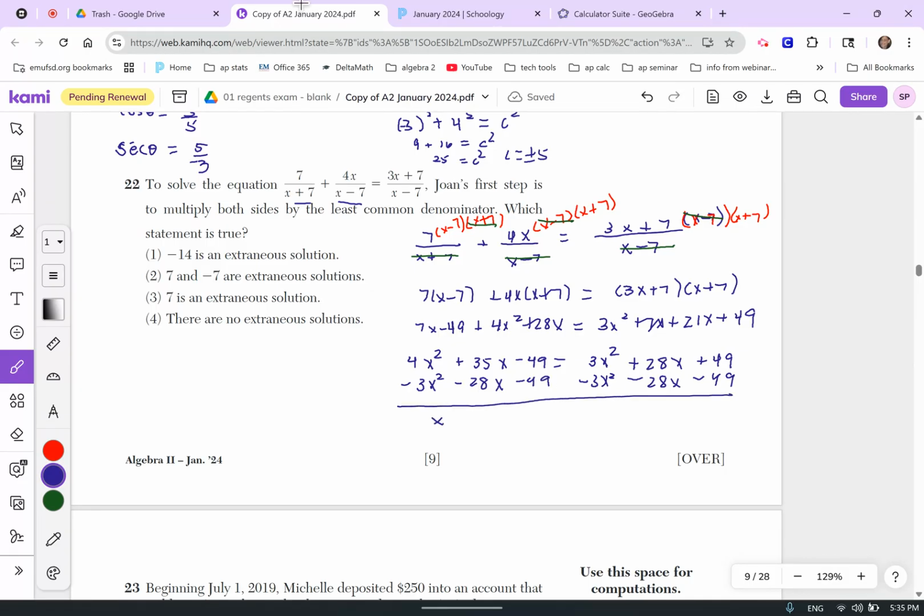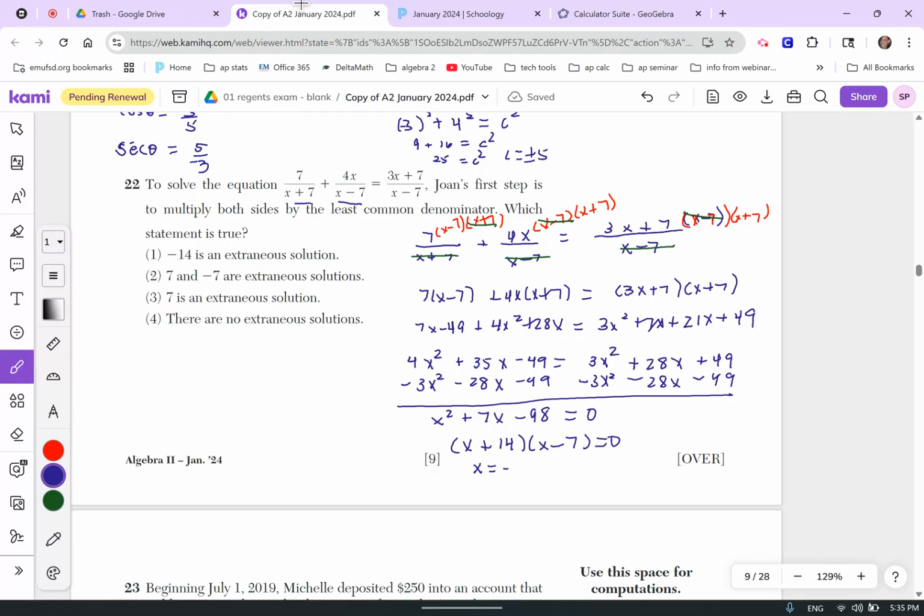Okay, so I'm left with x squared plus 7x minus 98 is equal to 0. And when I factor that, I get x plus 14 times x minus 7 is equal to 0.